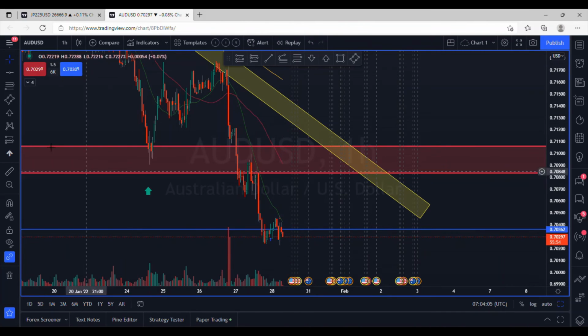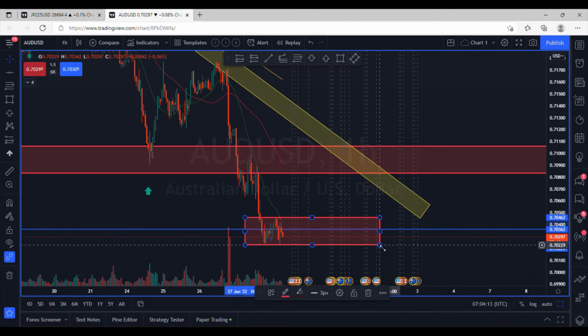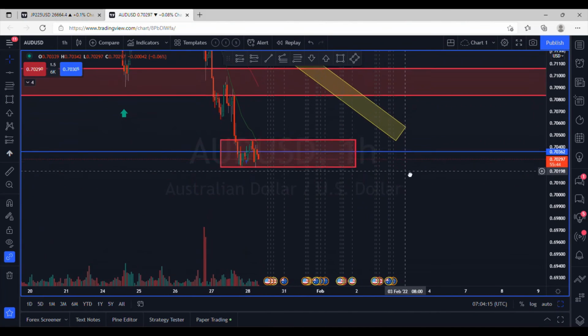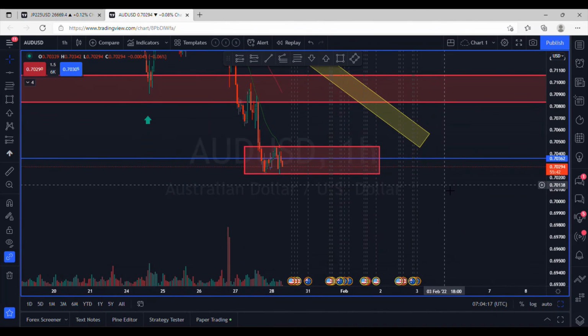So to me, what you could do if you trade breakouts is set an OCO order.